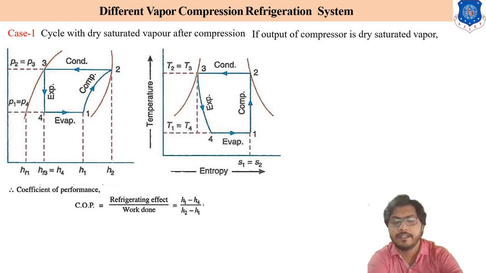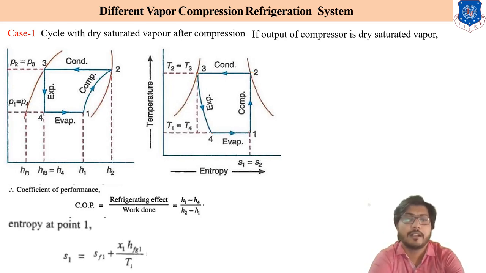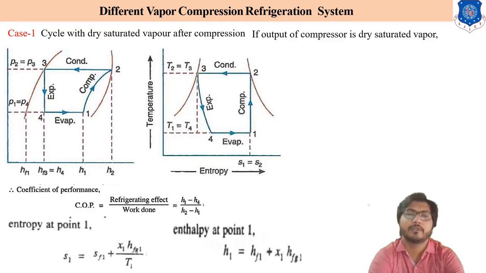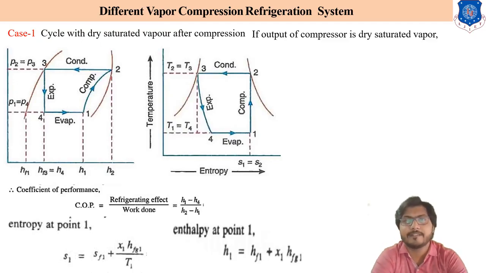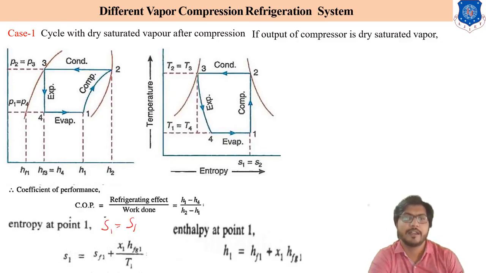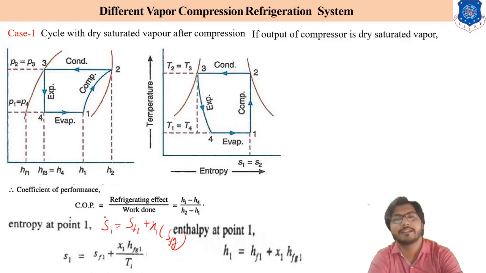Similarly, for entropy at point 1, S1 is equal to Sf1 plus X1 times Sfg, that is (Sg minus Sf). Here X1 is the dryness fraction, because point 1 lies inside the wet region.